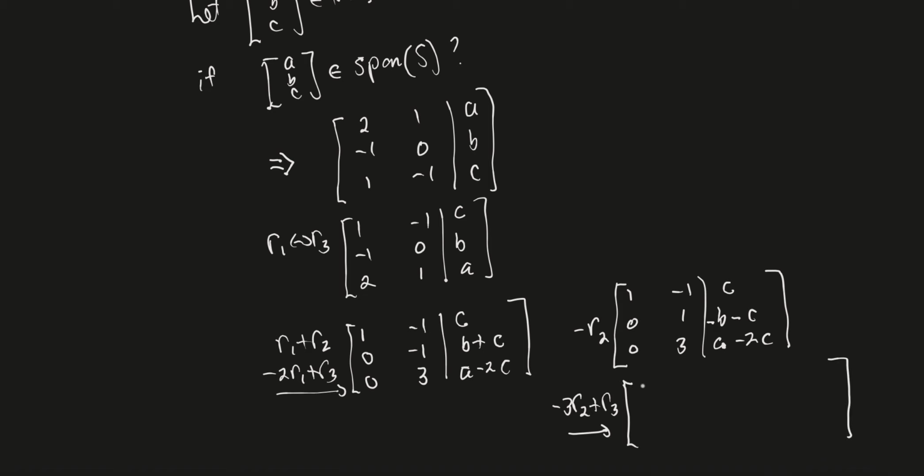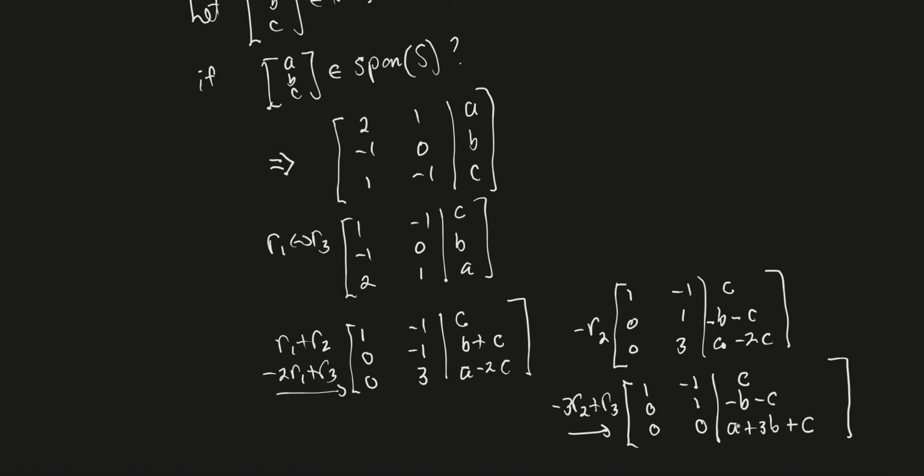So we'll have our 1, -1, c, then 0, 1, negative b minus c. And now take negative 3 times this and add it to this. So I'm going to have 0, 0, and then a plus 3b plus c. And there we go.